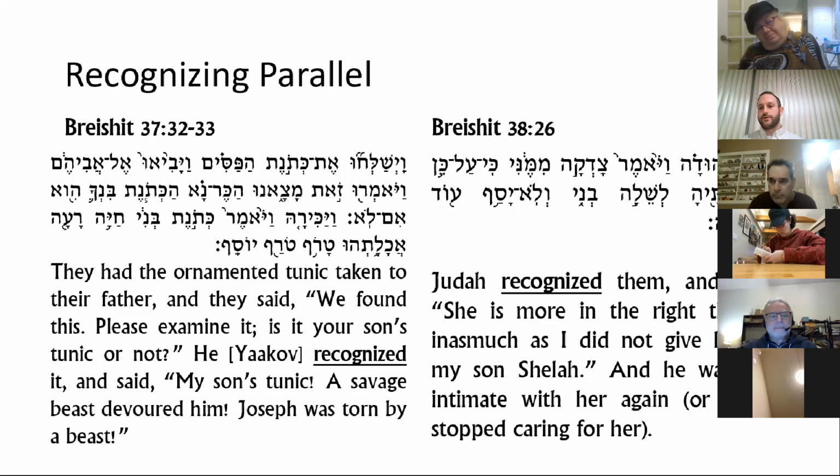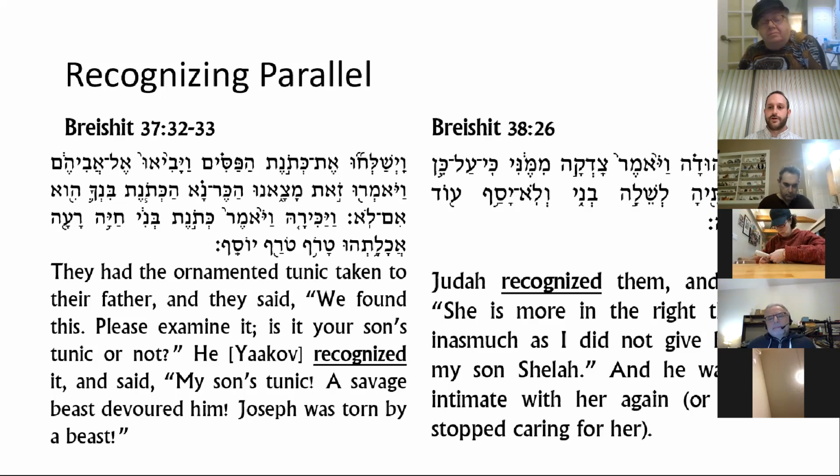Again, the end of the Yehuda and Tamar incident, where Tamar had been married to two of Yehuda's sons, and then they both died due to their sins. God kills them. On the other hand, Yehuda thinks she's a witch, and therefore decides to not let his youngest son Shelah marry her.